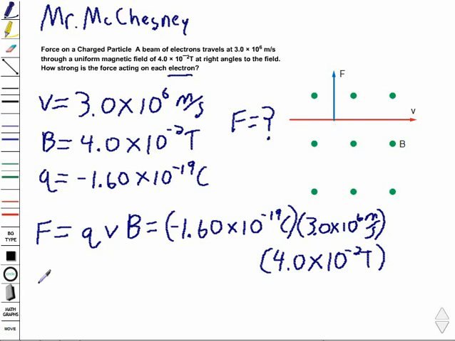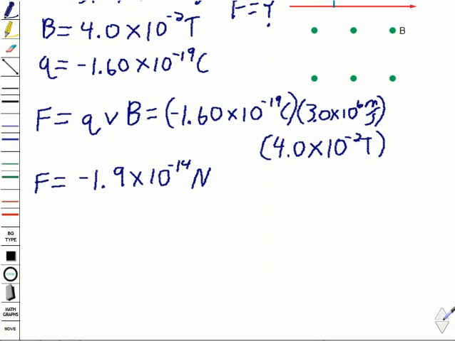So when you multiply all those together, you get a couple things. We get an answer that's negative 1.9 times 10 to the negative 14th. And it's a force, so it should be newtons. So let's check a couple things to make sure we did that right. So one, let's just take a look at our exponents.